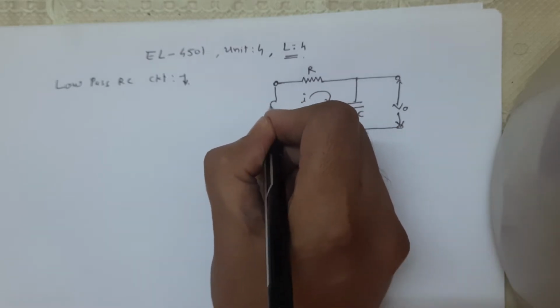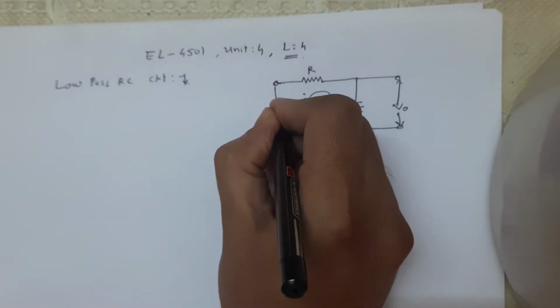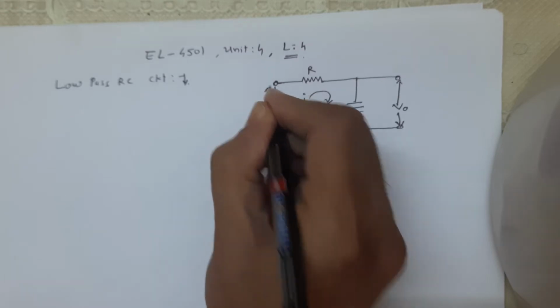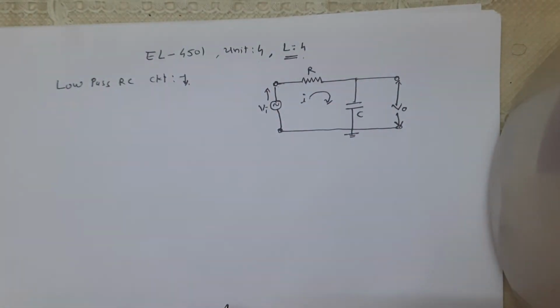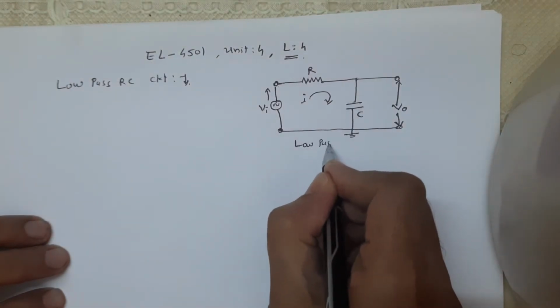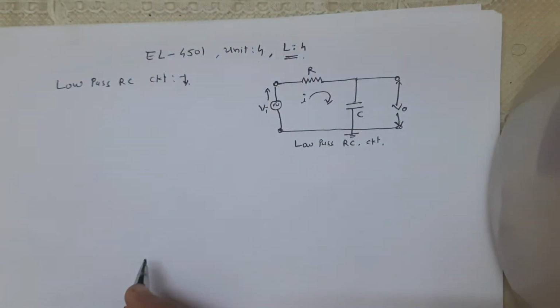Input source voltage Vi, we are applying this. This is the low pass RC circuit.